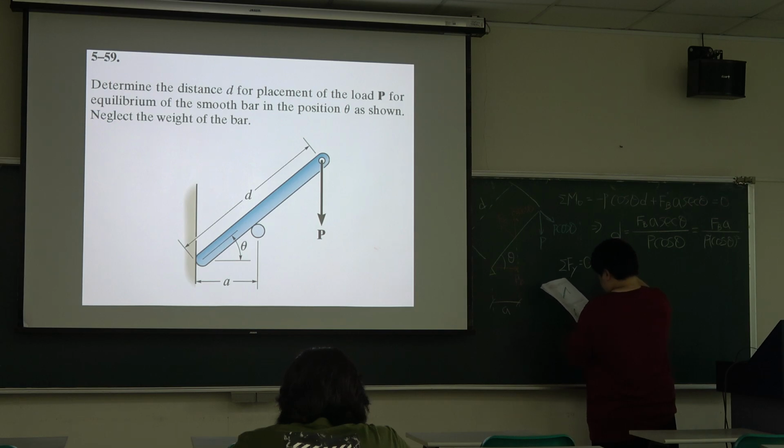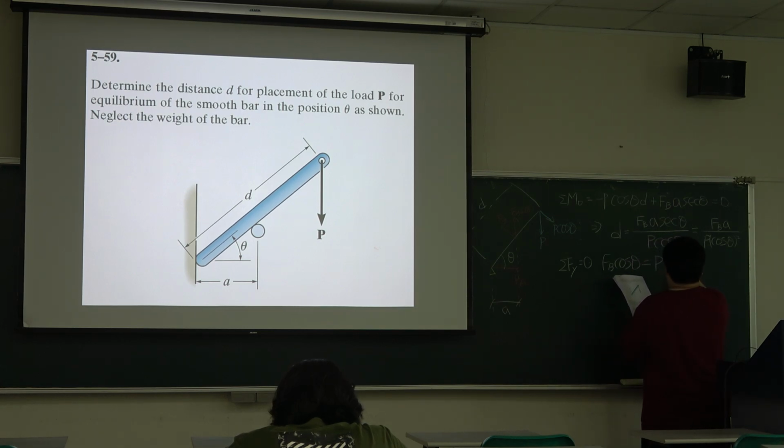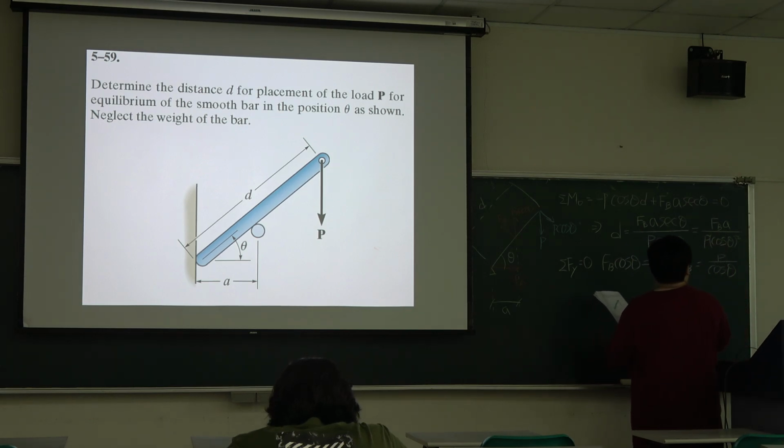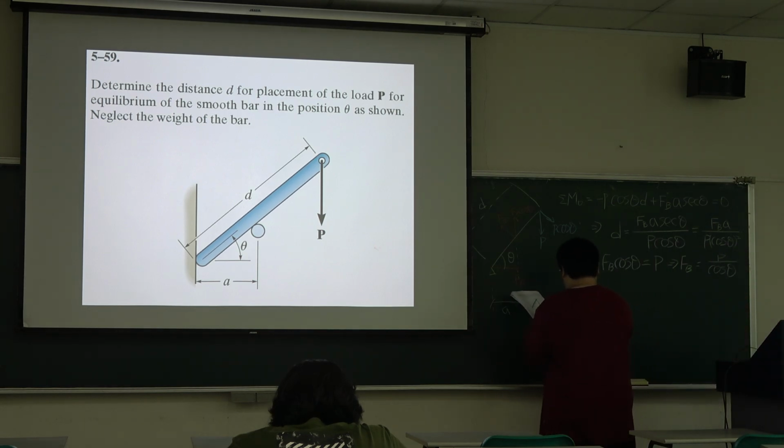So P cosine theta equal to the P, and we can get the FB is equal to cosine theta. So use this result, put it into this. So we can get the B is equal to cosine theta triple.